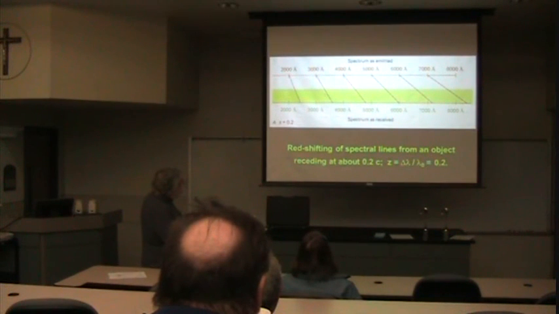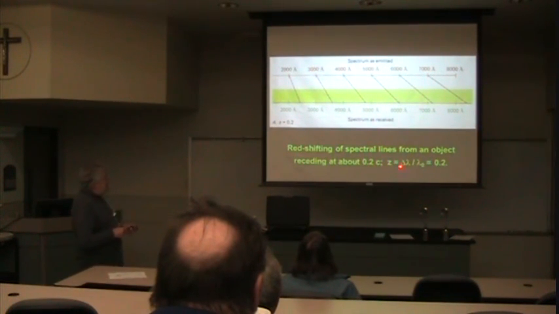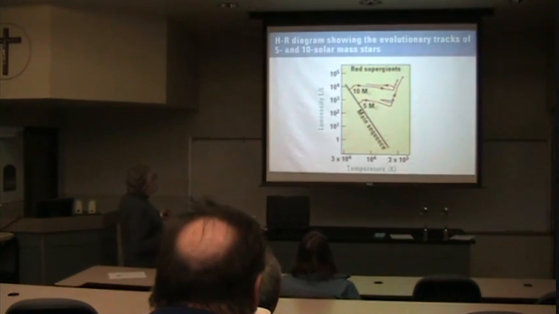We measure each one of those little shifts across here and divide it by where it's supposed to be. We take each one of those little shifts divided by the stationary number, and we'll get the same all the way across because they're all shifted by the same percentage. In this case, 0.2. So that tells us that this object is receding from us at about 20% the speed of light. So it's a straightforward measurement and an even simpler calculation.